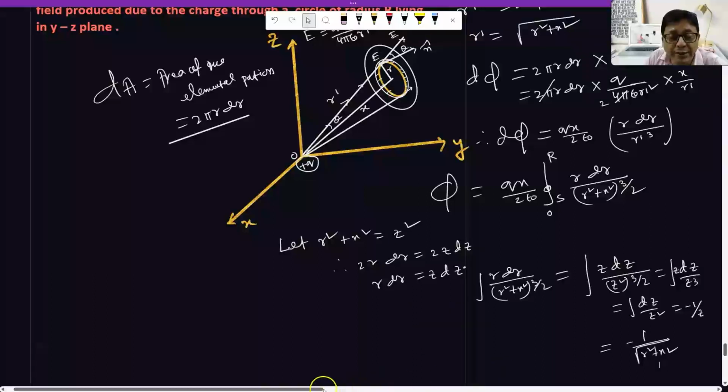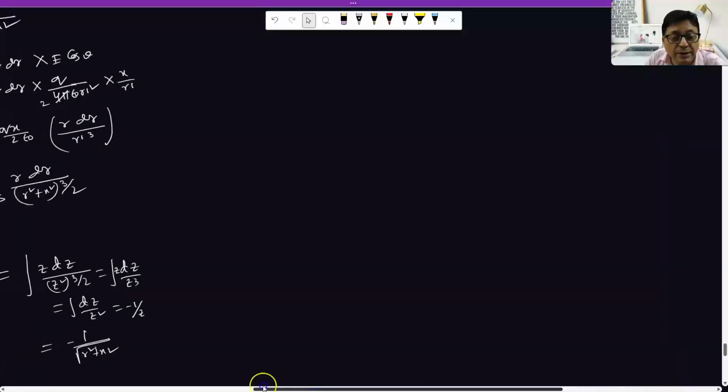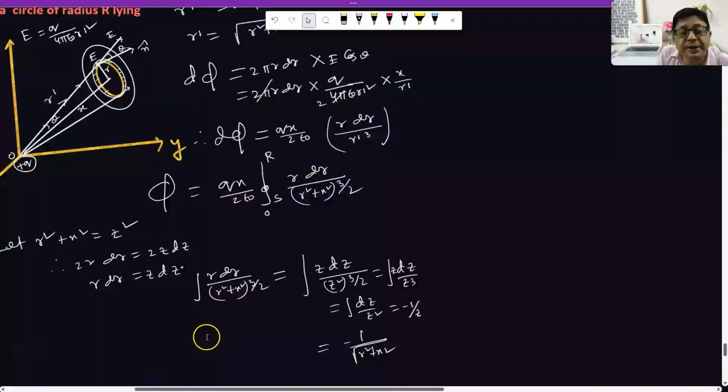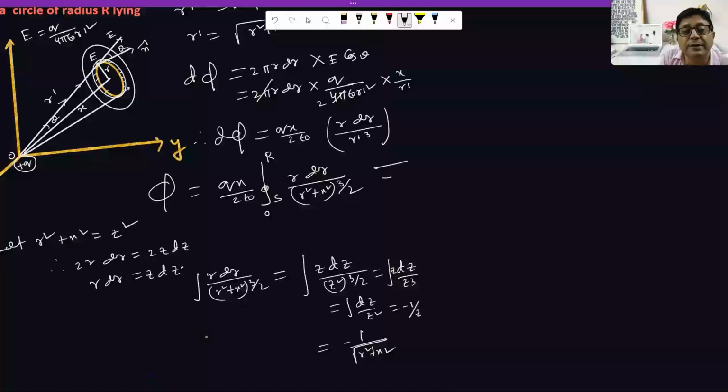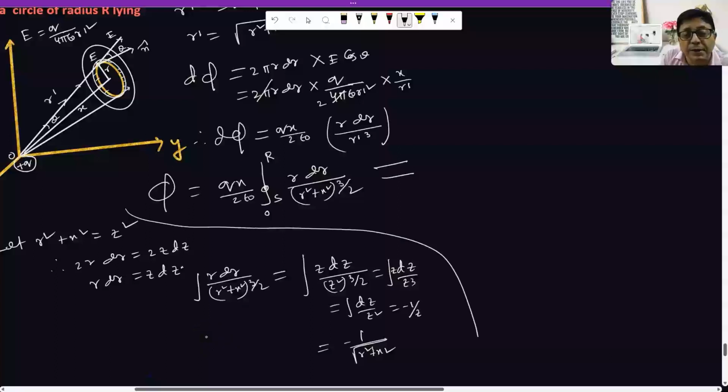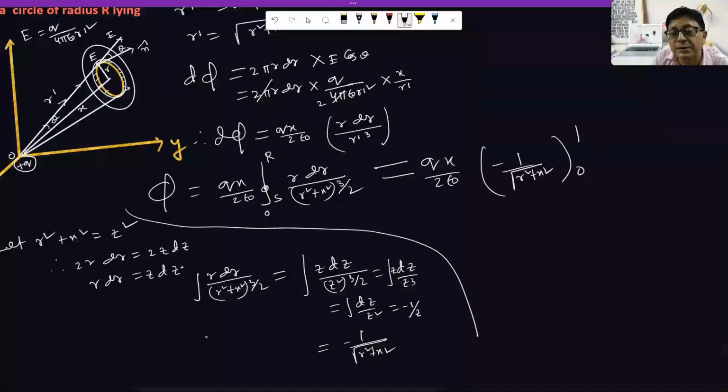Now go on finding its value. Just put it there. In the integrand, if you put this value here, it will be Qx by 2 epsilon 0 and minus 1 by under root r square plus x square from 0 to r.